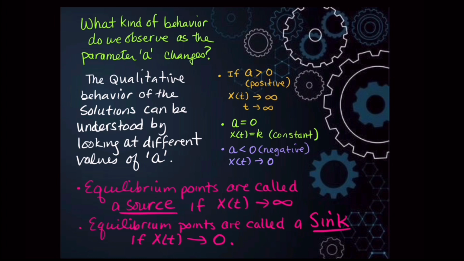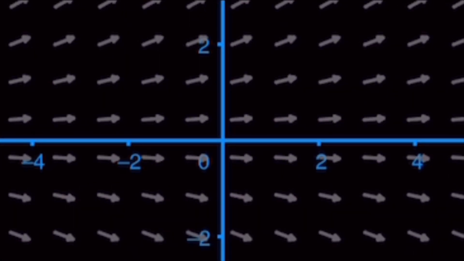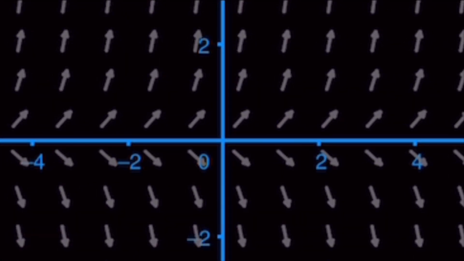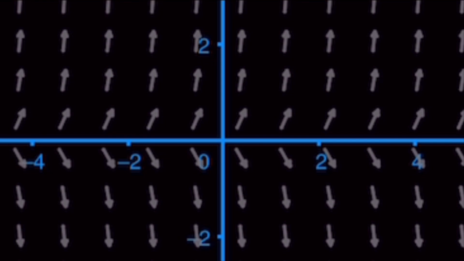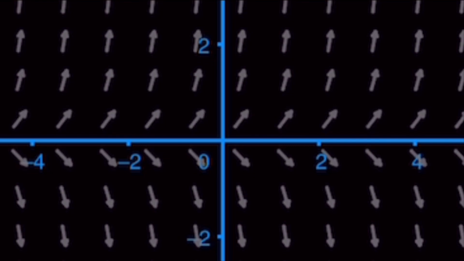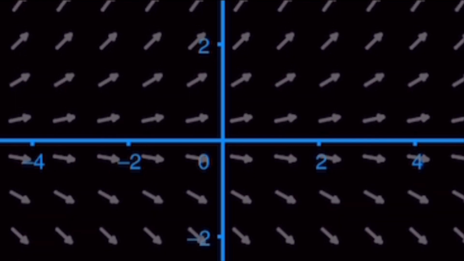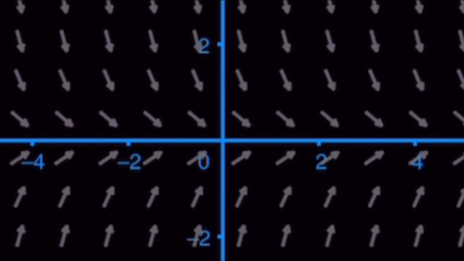Now, to better visualize these equilibrium points and solutions to differential equations, we turn towards a slope field, a field of many tangent vectors that point in the direction of the solutions. It's a powerful tool for analyzing differential equations. Like little magnetic poles, these tiny tangent vectors guide a particle on a solution curve path through the field. When the arrows point in a certain direction, we get a certain solution type.